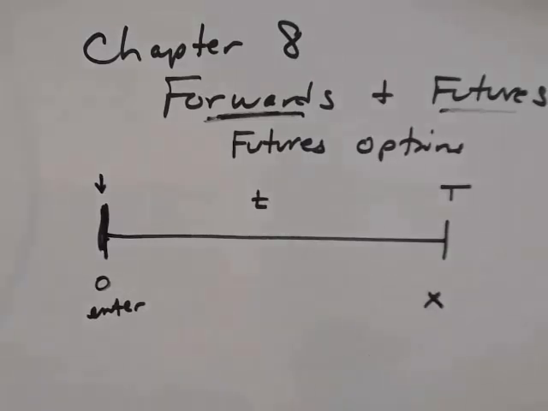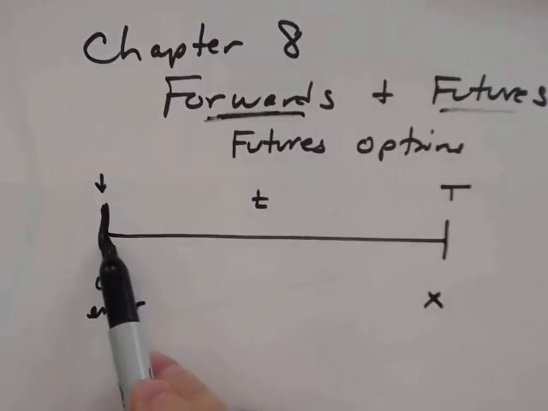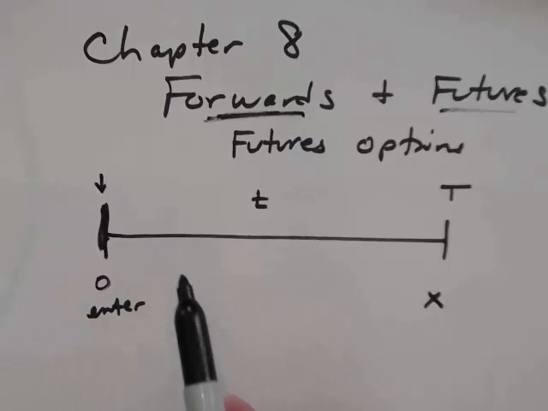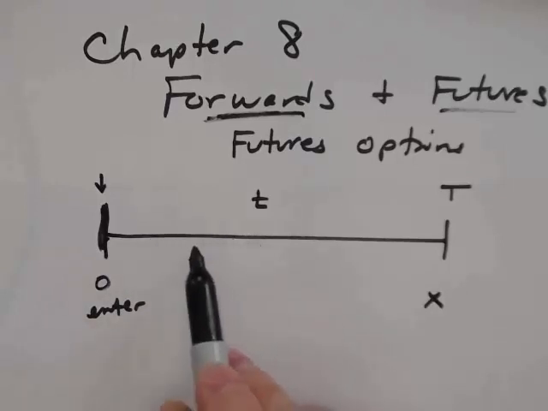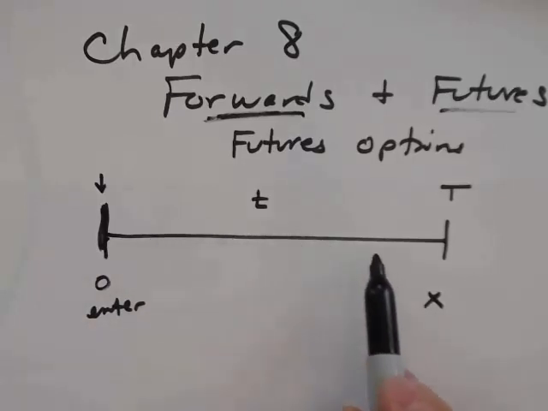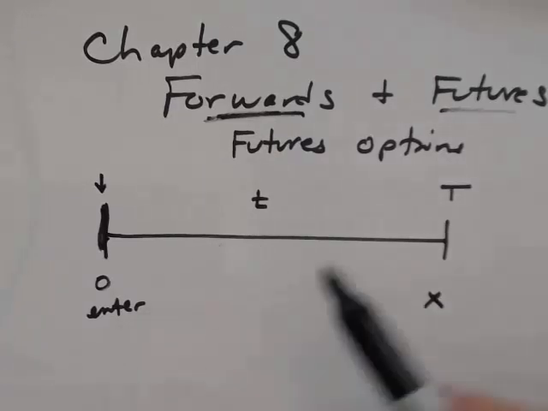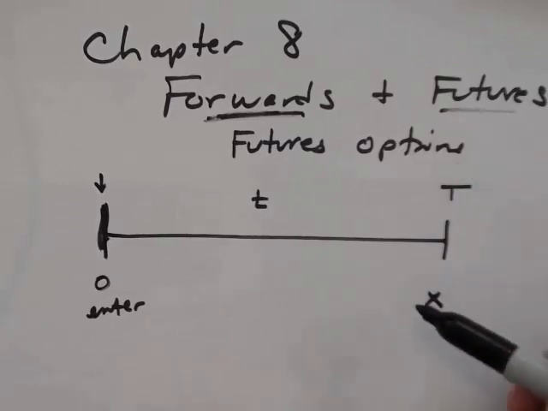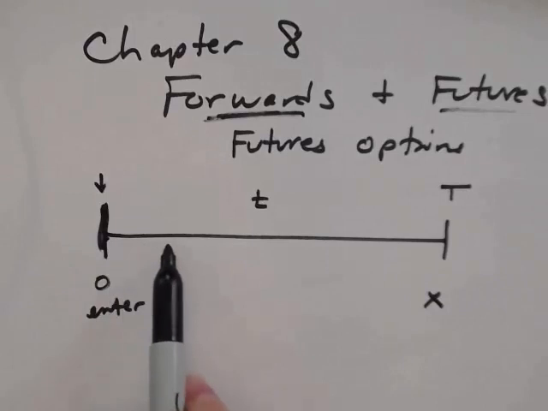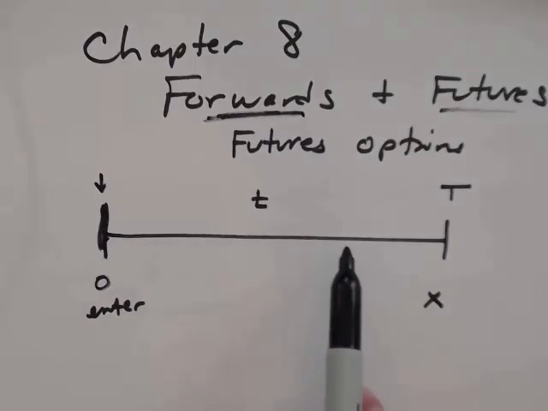With a futures contract, on the other hand, you enter in at time zero, and you're going to have to post margin requirements if the underlying commodity starts going south on you, so to speak, and so you start losing money. When you start losing money on the contract, you're going to have to pony up some money. And that's your margin requirement. So along the way, you could have a margin requirement every single day here.